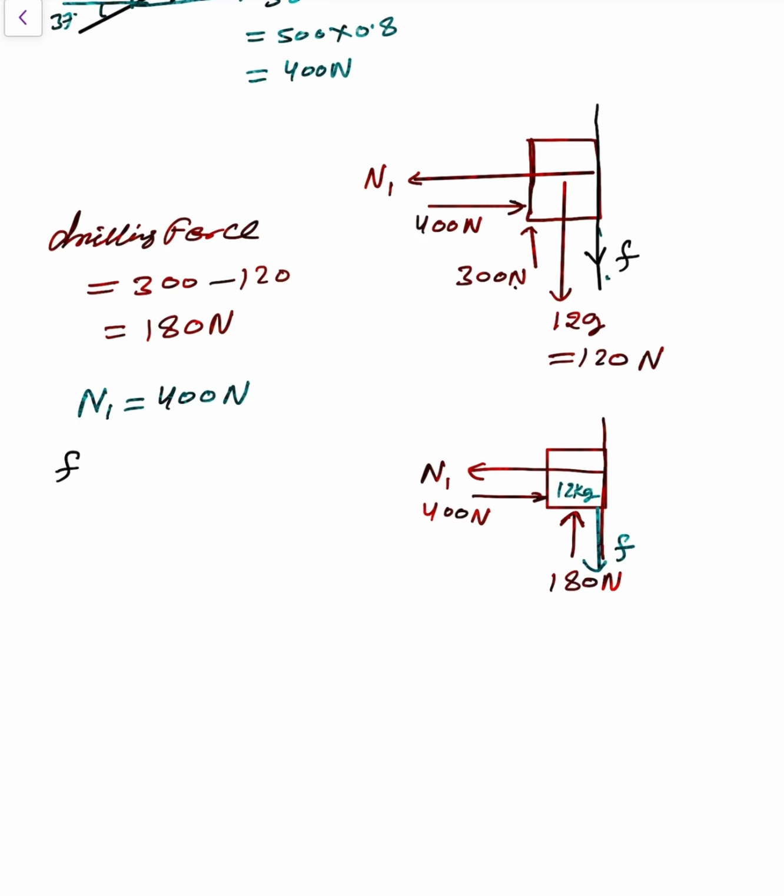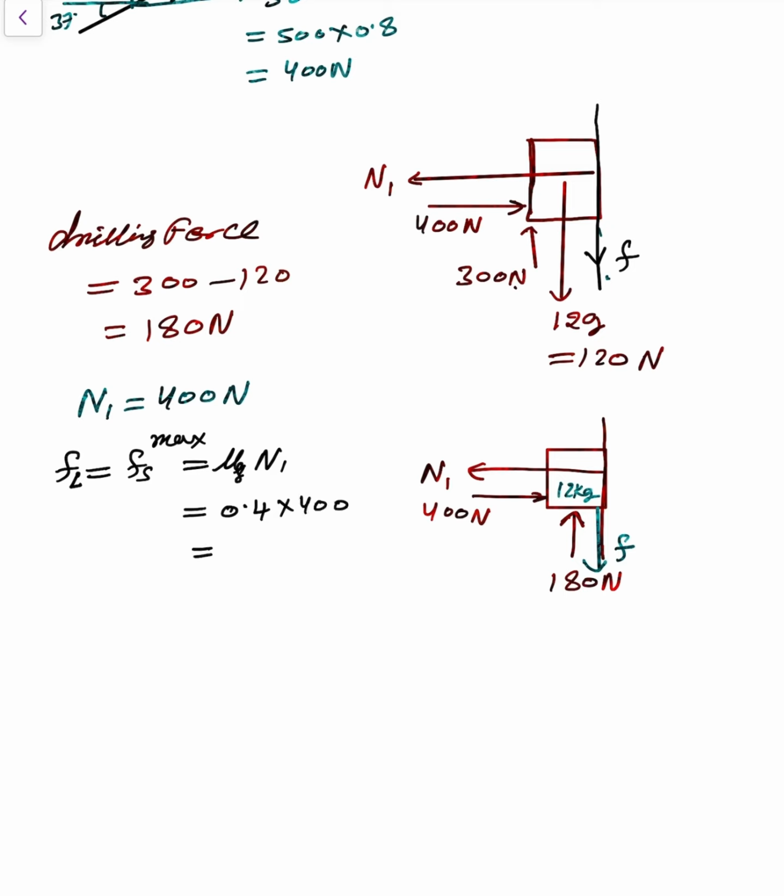Now check here the limiting value, mu n into n1. Sorry, mu s into n1. Mu s is 0.4, n1 is 400.